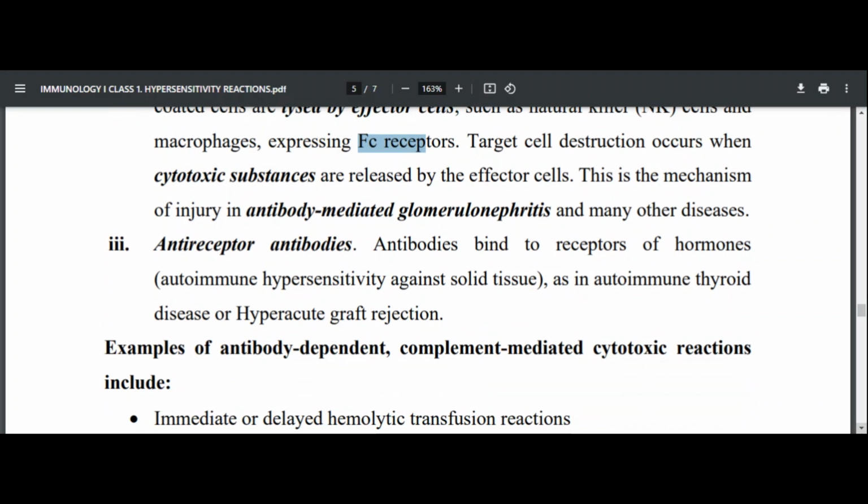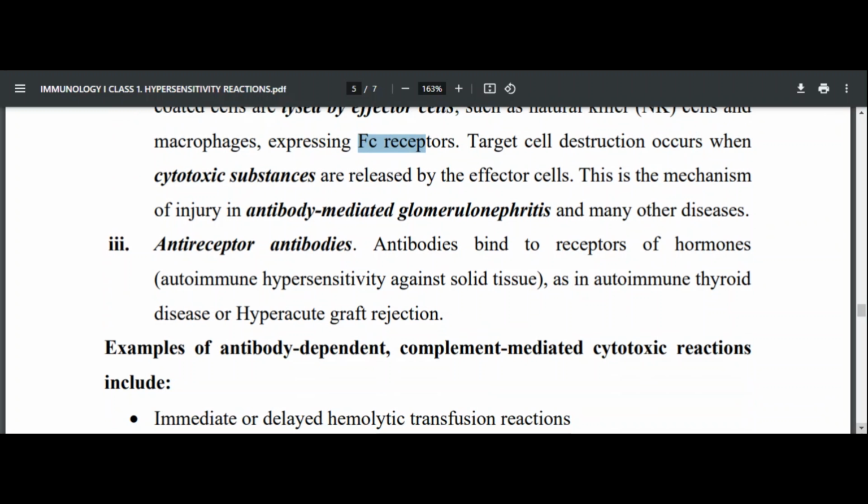Graft rejection: we are going to see this condition that we call hyperacute. Hyperacute is different from acute. We are going to see this in tumor immunology in the coming days. We are going to see what is called hyperacute graft rejection.